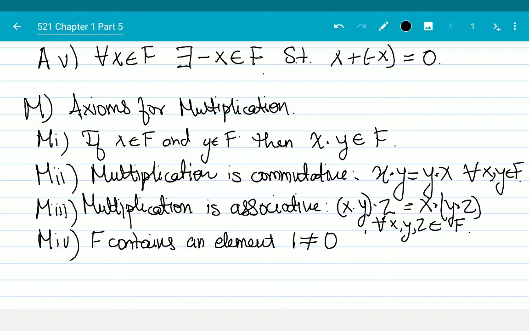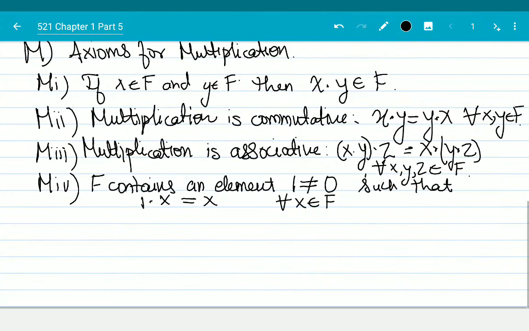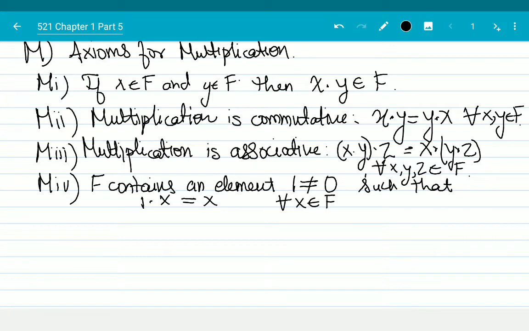Okay, this is important, such that 1 times x is equal to x for every x in F. So 1 is the multiplicative identity, 0 is the additive identity, and they should preserve the element, right?